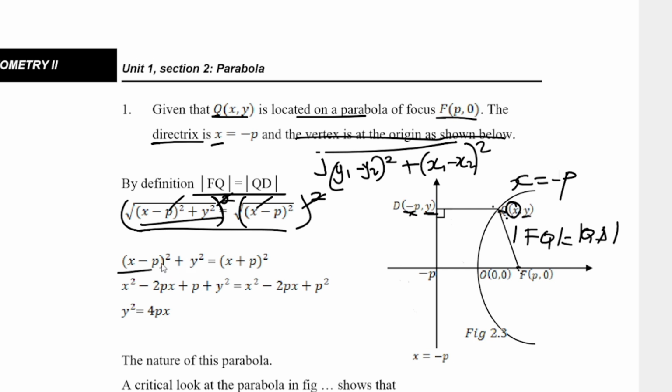So when we further simplify, this is a binomial expansion. We are going to have x squared minus 2px plus p squared plus y squared equals x squared plus 2px plus p squared. Sorry, this one is supposed to be plus, of course.